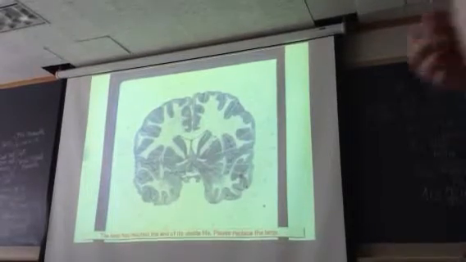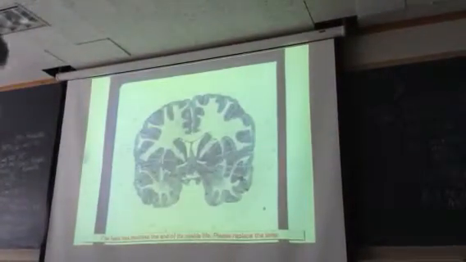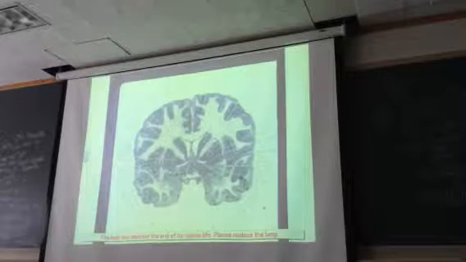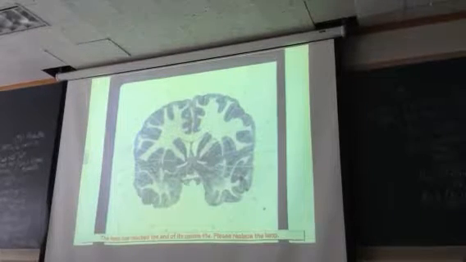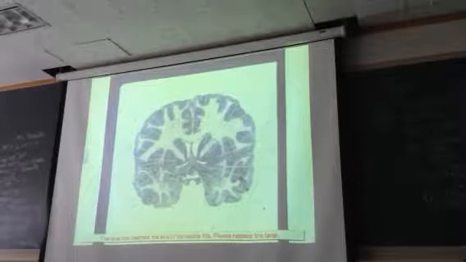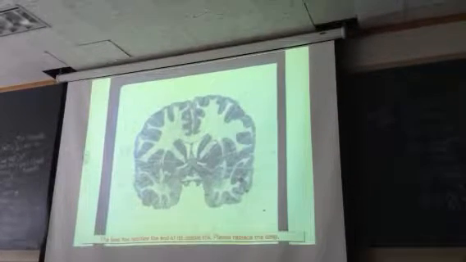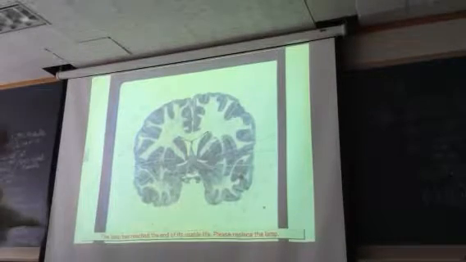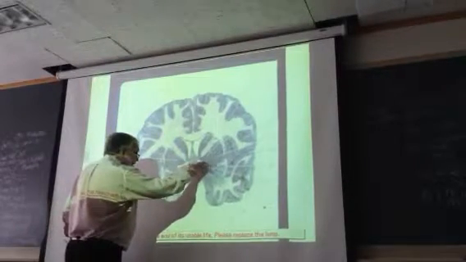Remember, the anterior commissure originates in the amygdala and medial temporal lobe, and it basically comes to the midline to do what? To do the commissure, and it's bent a little bit forward.